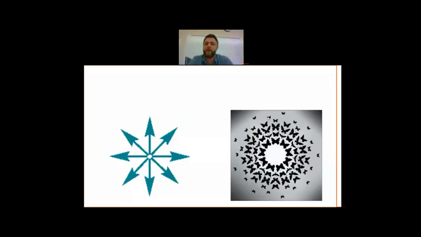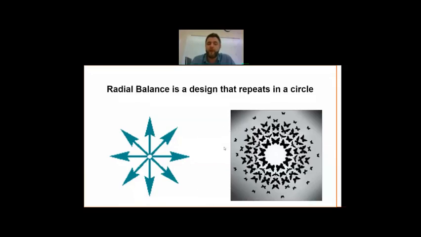So the same thing with this piece of art with the butterflies. And I think you guys may have seen this kind of artwork before. If you see any optical illusions, do you know that one where it makes you feel like they're moving? That's all radial art.